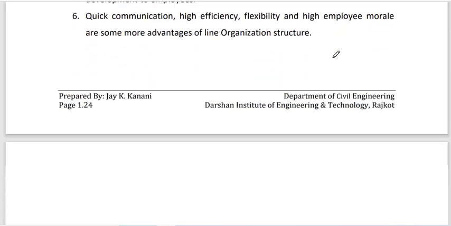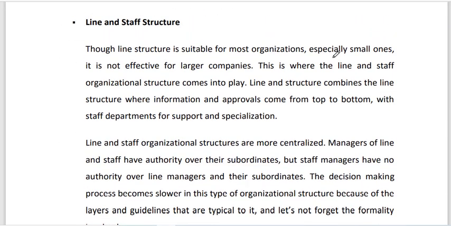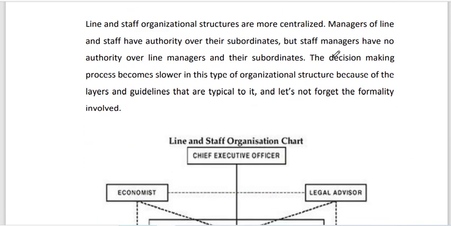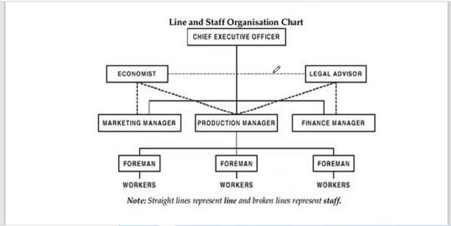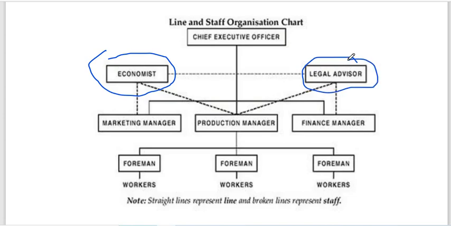Then line and staff is an upgraded or improved version of line structure. In that we have a line structure, but we also have some experts, like an economist and a legal advisor, who give direction and guidance to the workers. This line is the line structure, but this dotted line is the staff.